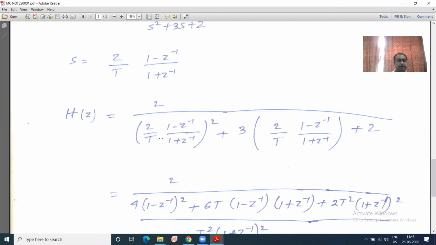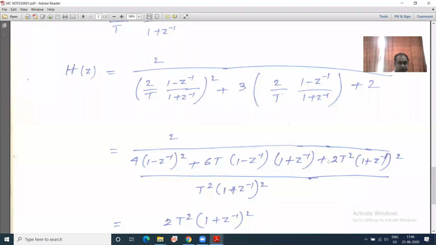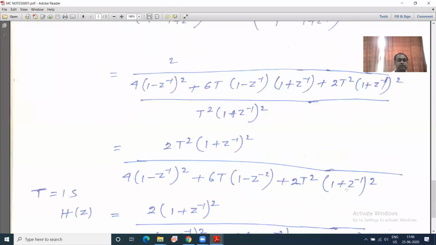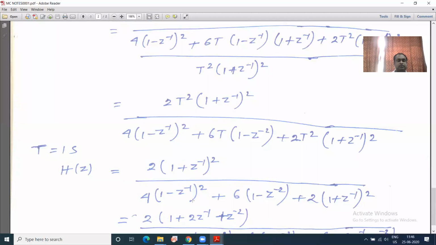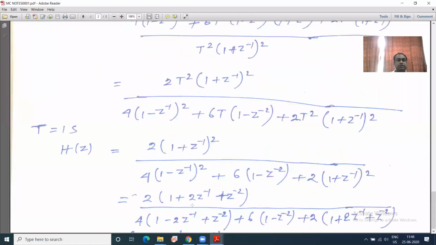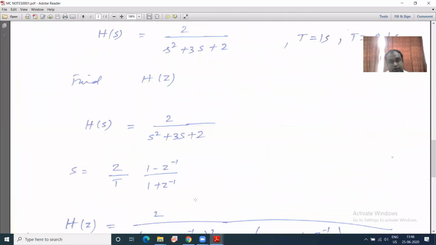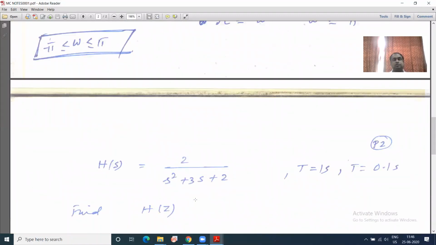So we make the calculation, then in this step T equal to 1 second, this is the answer, right? So this is the procedure by which you can convert an s function into a z function using bilinear transformation. Agreed? So the whole thing is summarized and taught.